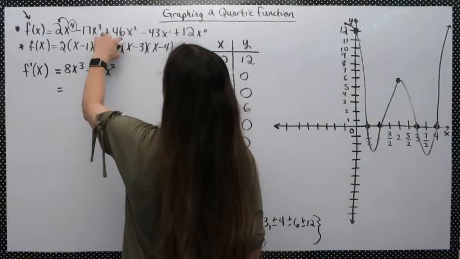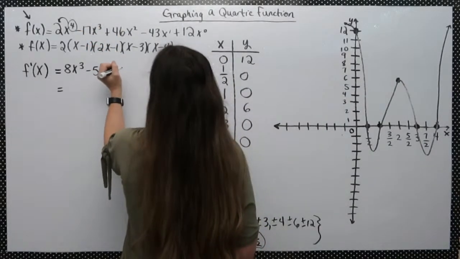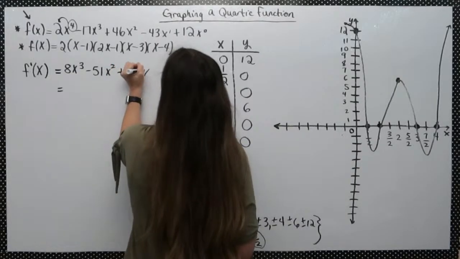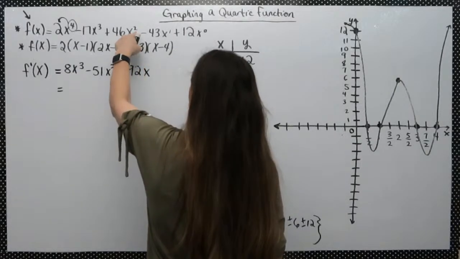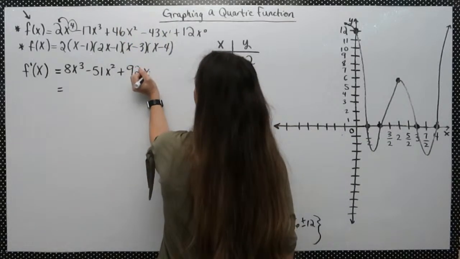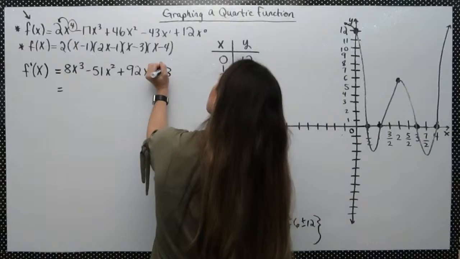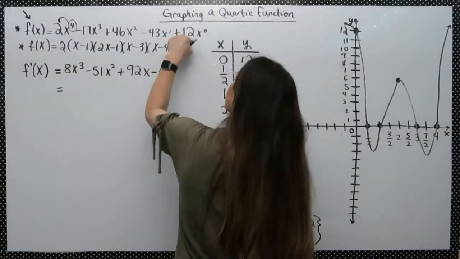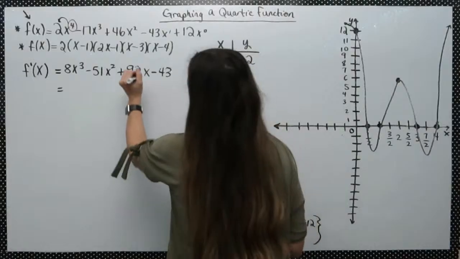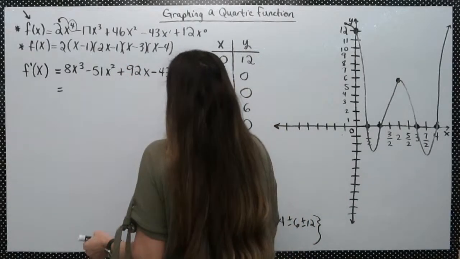And then 46 times 2, that's 92, so that's plus 92x. And then 43 times 1 is just 43. The x term is going to drop off, and then that constant term is going to drop off, because this is your linear term here, it's just shifting it over a little bit.